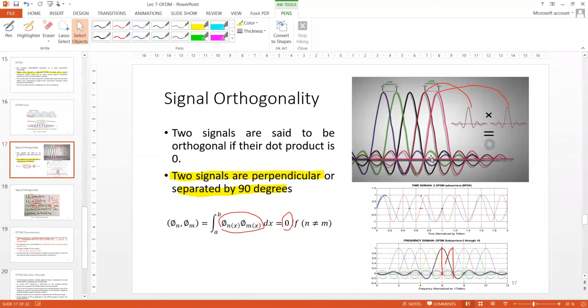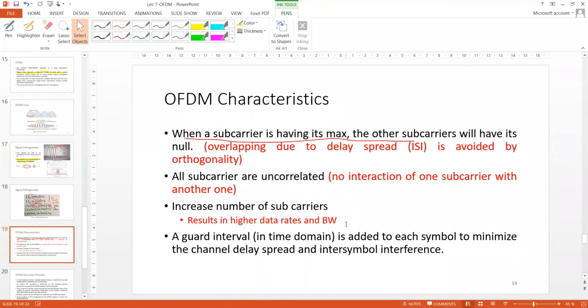Still, as an added measure, guard bands are introduced in between adjacent subcarriers in order to mitigate the problem of inter-symbol interference.